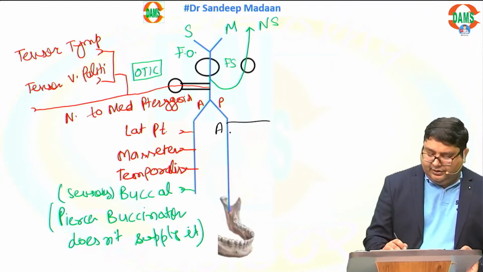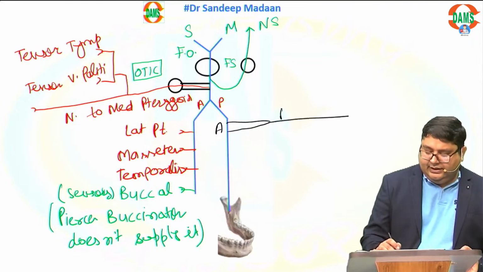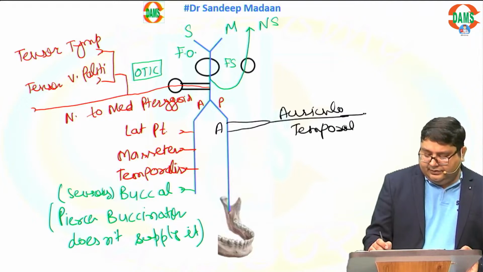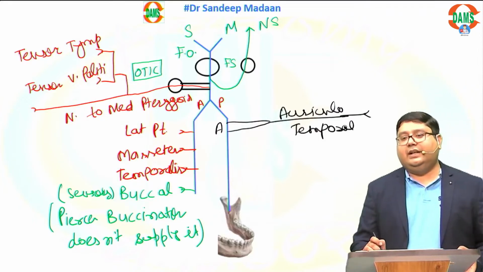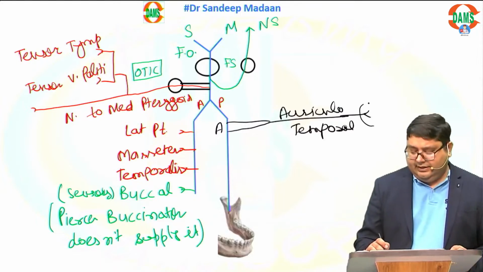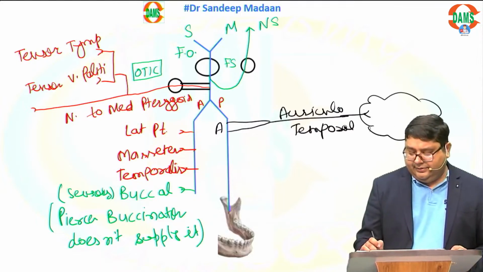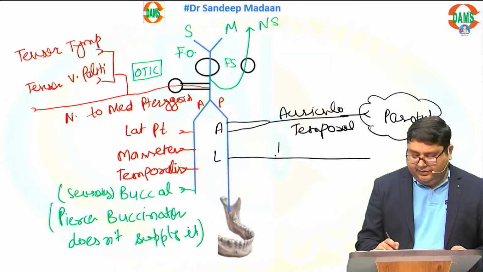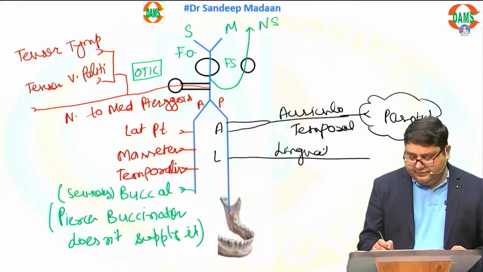A for auriculotemporal nerve, which is going to supply one gland. Which gland? That is parotid gland. Then L for lingual nerve, which is going to supply anterior 2/3 of tongue.